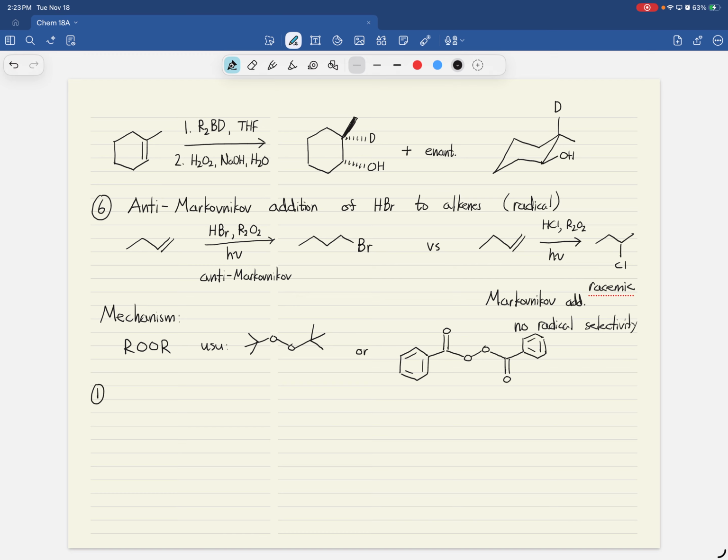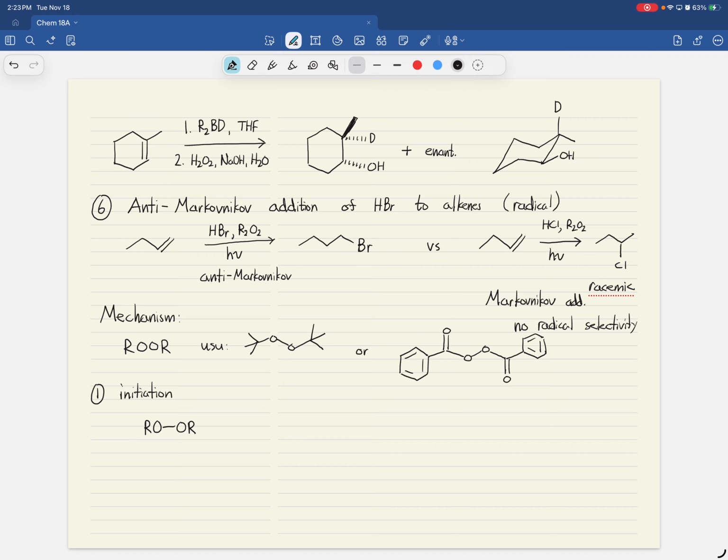All right, for any radical reaction, what's the first step? Do you guys remember? What kind of step is that? Initiation, propagation, or termination? Initiation, good. We're just going to abbreviate this as ROOR.